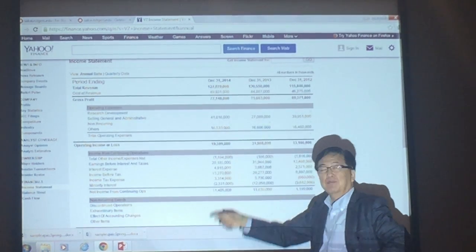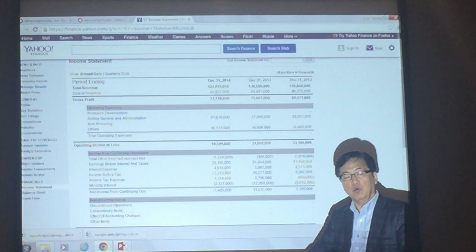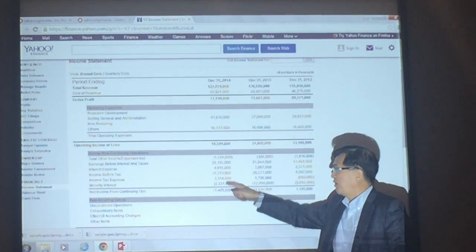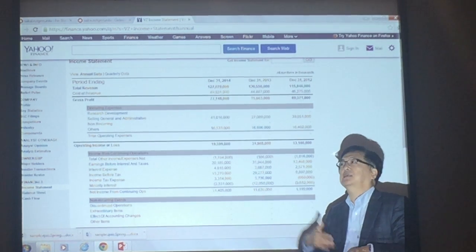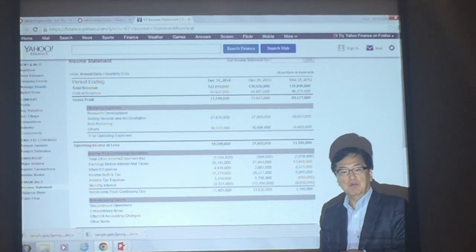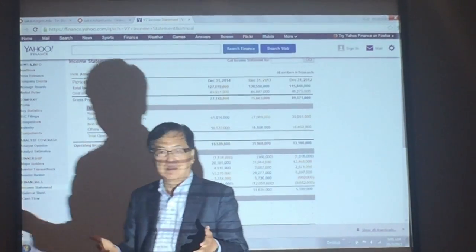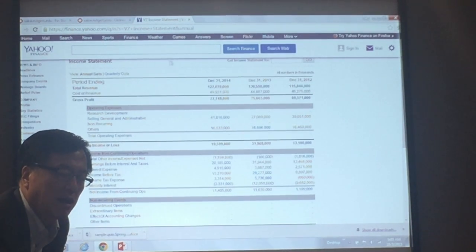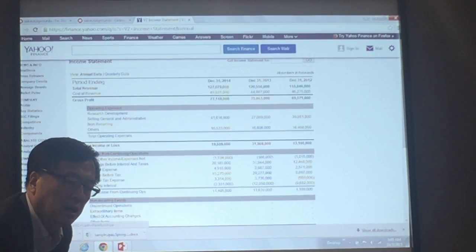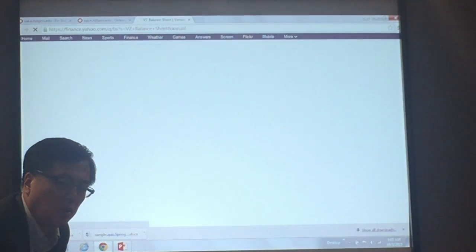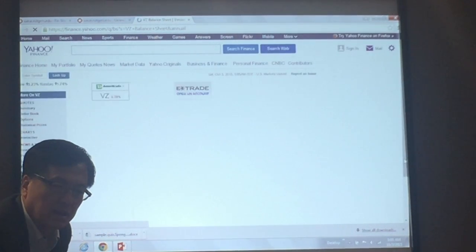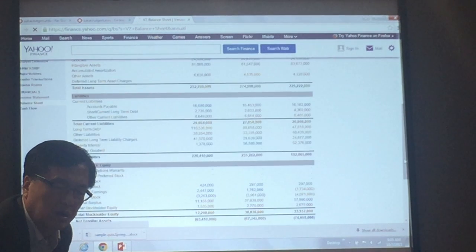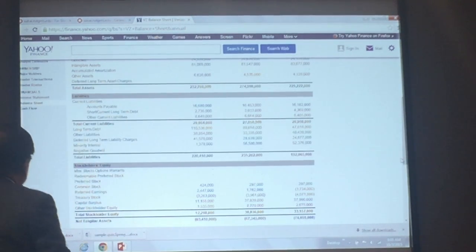They are lucky, but with this low interest environment, if they pay 5 billion, or let's say they pay an average of 5%, how much debt must they have? 100 billion. That's why last week we confirmed their long-term debt over here.